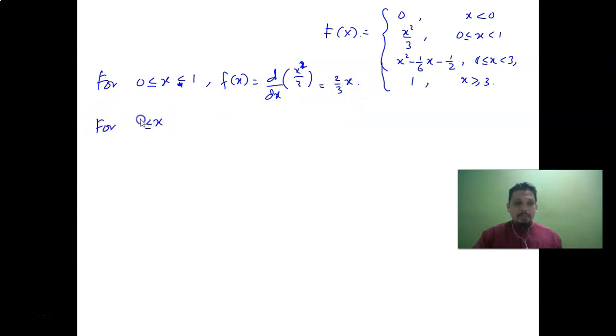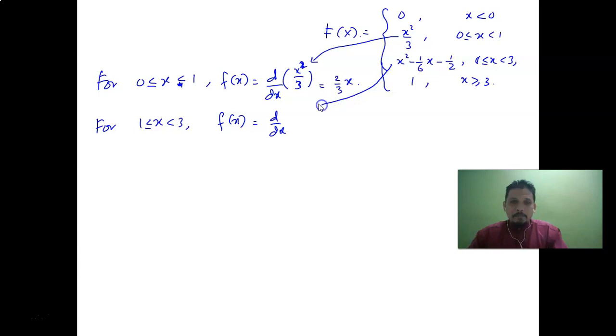For x between 1 until 3, f(x) equals the derivative of x squared minus 1/6 x minus 1/2 with respect to x.